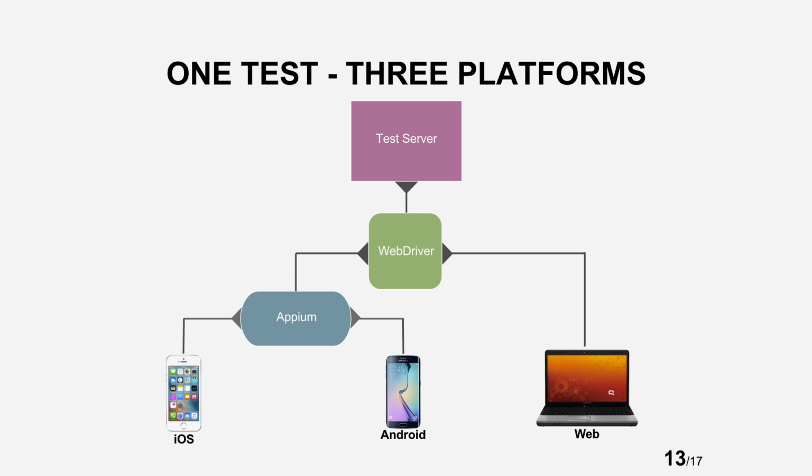These commands are user interactions with the device, such as button clicking, screen swiping, scrolling it into a specific area. This action is pretty much the same as Selenium interacts with the web apps. The chart shows that a single test script can validate iOS, Android, and web apps almost simultaneously.